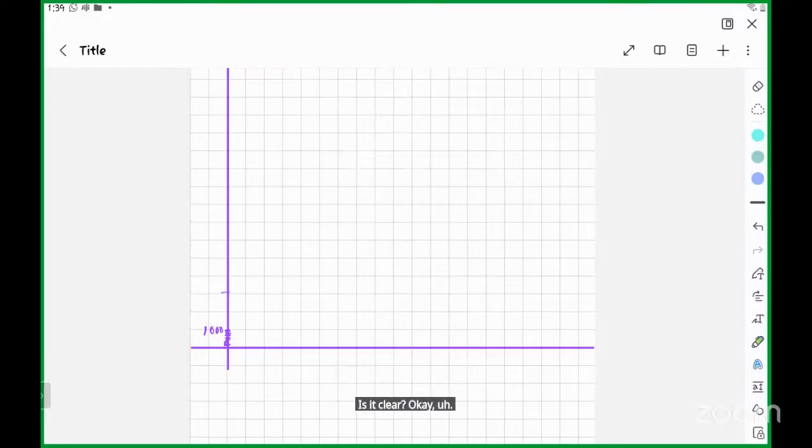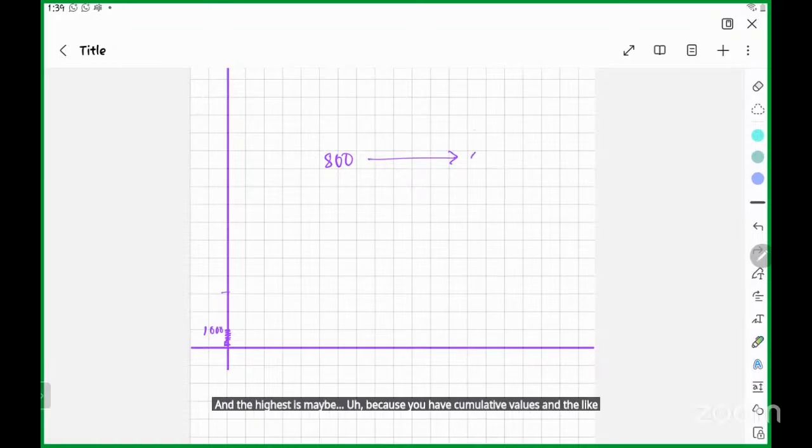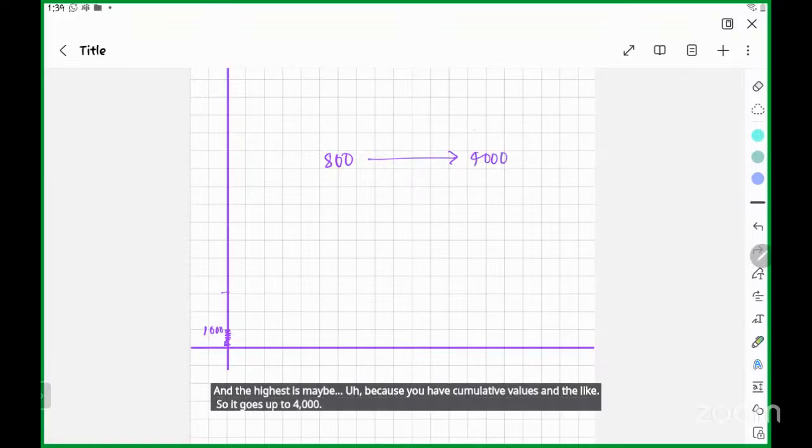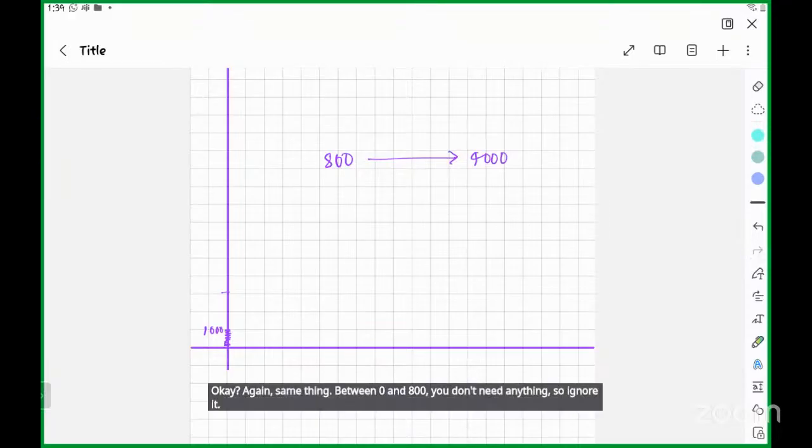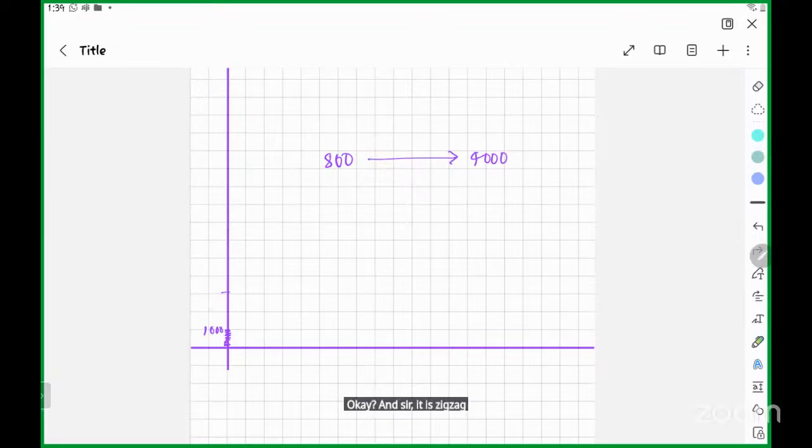You may have your lowest value as 800, and the highest is maybe, because you have cumulative values and the like, so it goes up to 4,000. Okay? Again, same thing. Between 0 and 800, you don't need anything. So ignore it. Okay? And say it is zigzag 1 centimeter up to 800.